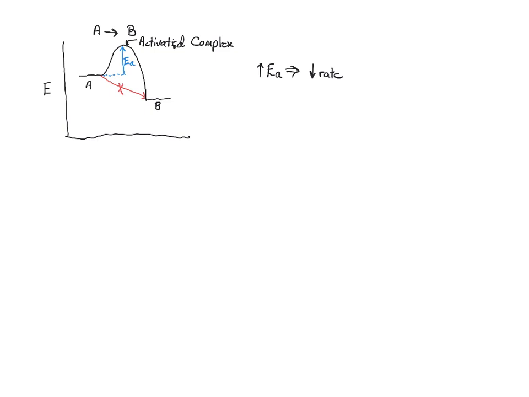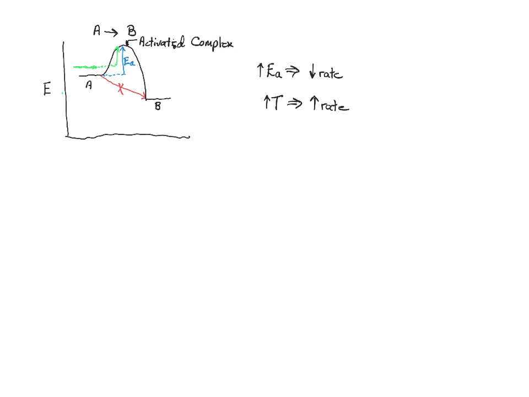So by raising the temperature, we're raising the kinetic energy of the reactants, which is going to decrease the amount of energy that they need to take in to get to that activated complex, to overcome the activation energy. So generally speaking, we see that at higher temperatures, we see higher rates. And that's what we're going to be evaluating here in this experiment.